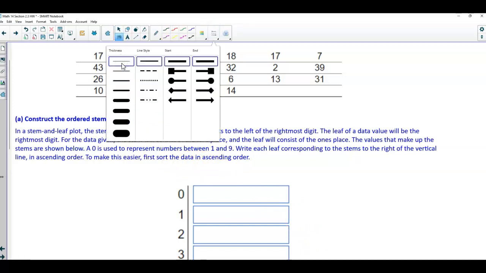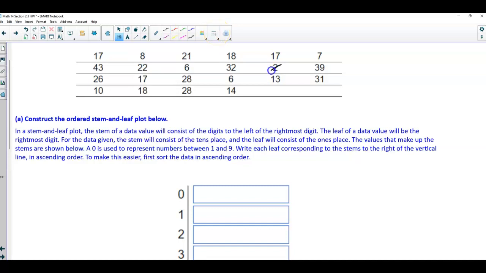What's the smallest number in our data set? Well, we have 2. And then we have 6, and then another 6. And then we have 7. And then we have 8.